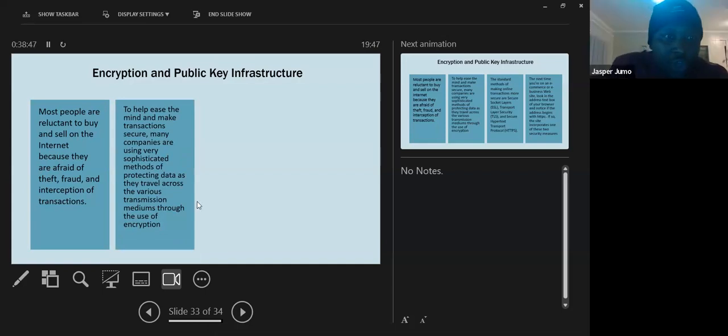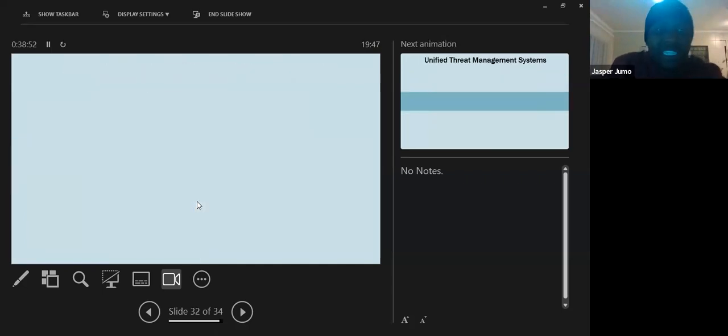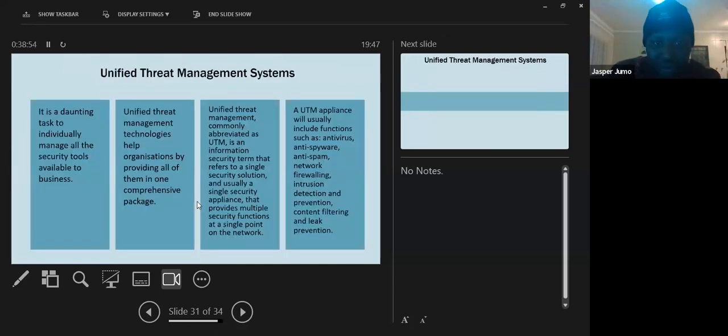Okay, so a UTM, like I was saying, is a combination of an antivirus, an anti-spyware, anti-spam, network firewalling, intrusion detection system, all these appliances in one gadget.